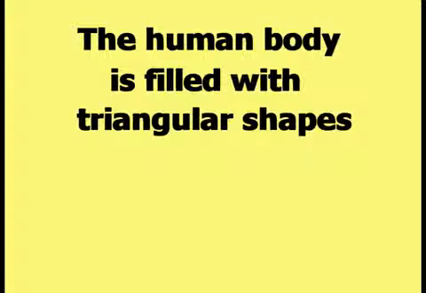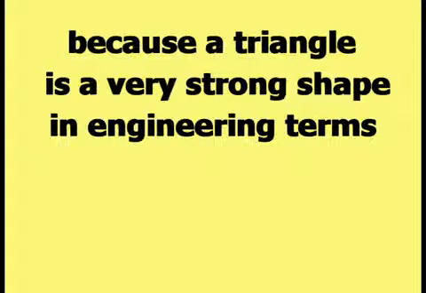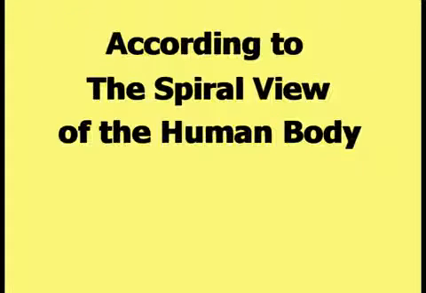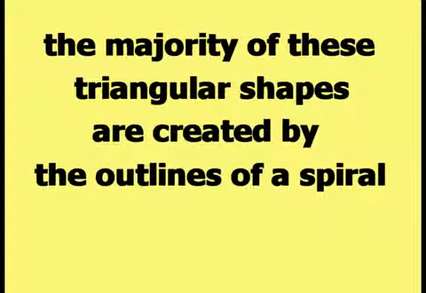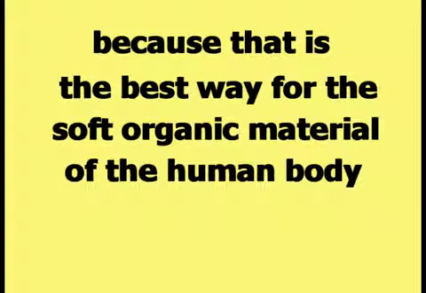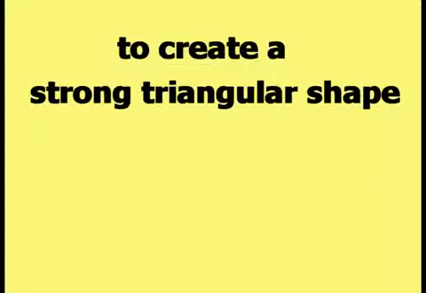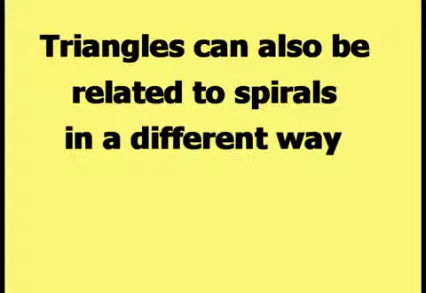The human body is filled with triangular shapes because a triangle is a very strong shape in engineering terms. According to the spiral view of the human body, the majority of these triangular shapes are created by the outlines of a spiral because that is the best way for the soft organic material of the human body to create a strong triangular shape. Triangles can also be related to spirals in a different way.